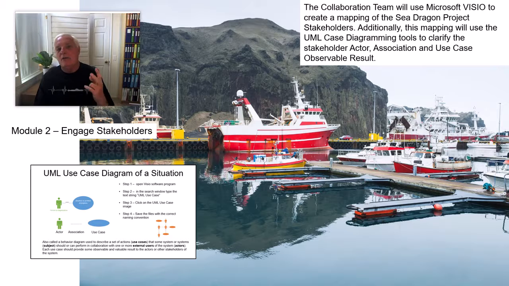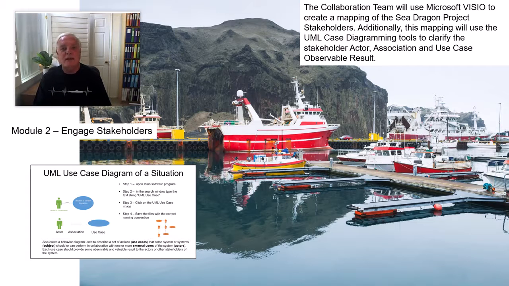Now, module 2 is where you're going to engage those stakeholders, and by engage we mean that we really need to understand how they're connected together. So you're going to take that list of initial stakeholders that you identified and use Microsoft Visio to create a mapping.